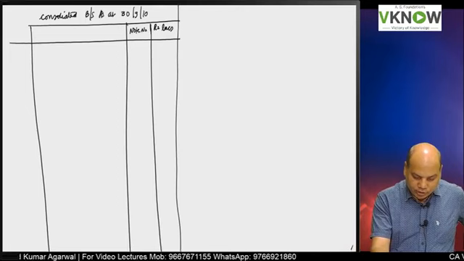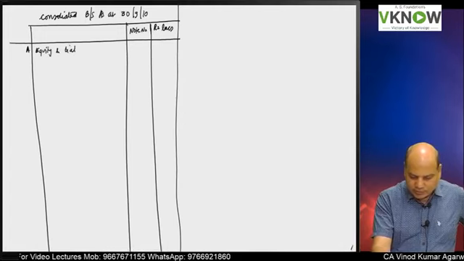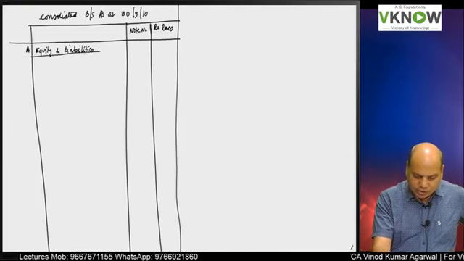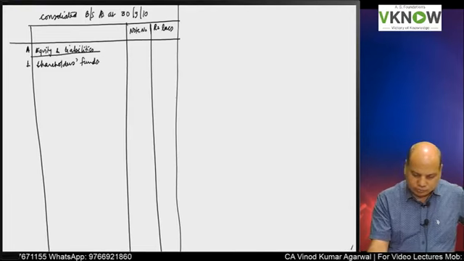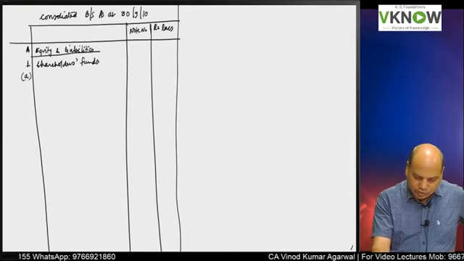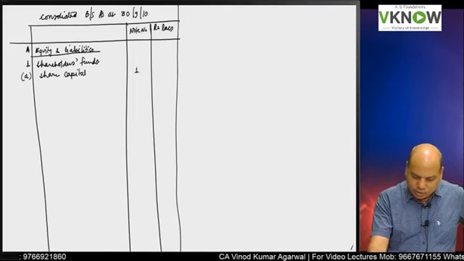So first you write down point number A, equity and liabilities. Under that one, shareholders funds. Under that small a, share capital, note 1.